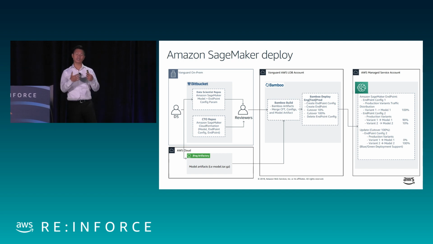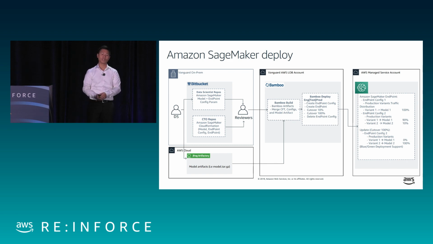It's really very simple parameters. When they submit that, they submit it for peer review and approval process, just like a standard SDLC process. We also create a template for the build plan and deployment plan, so the scientist doesn't have to worry about the pipeline. We're going to make it very simple for them to use.